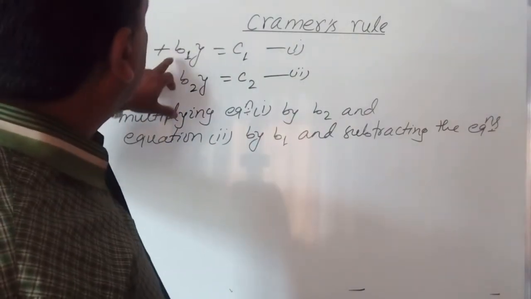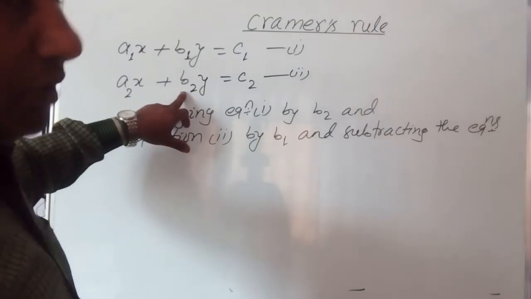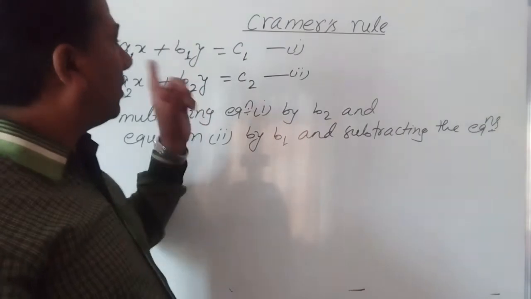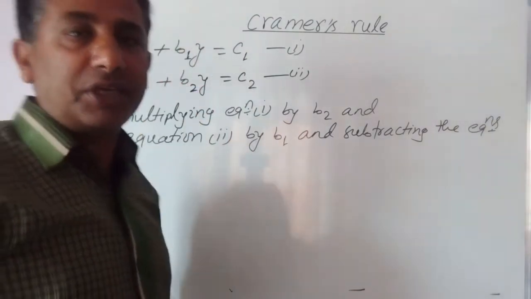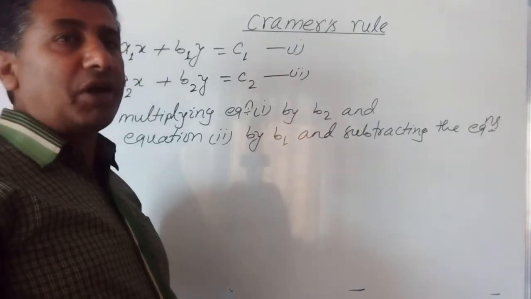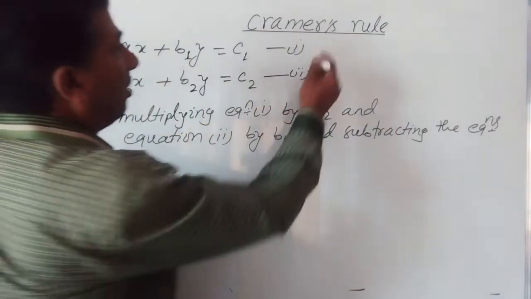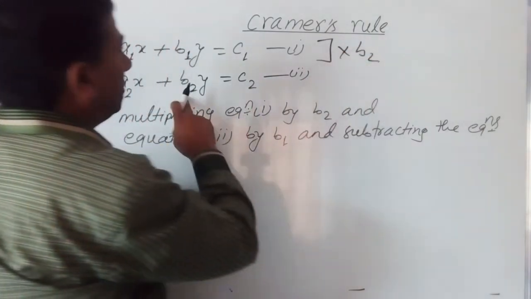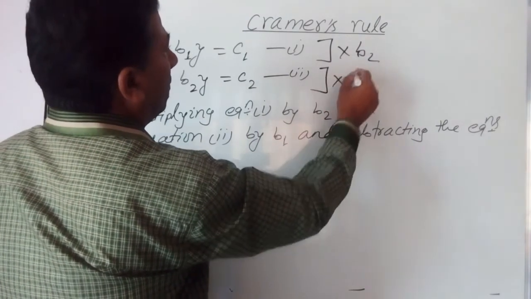Here the coefficient of y is b1 and here the coefficient of y is b2. Now their coefficients are not the same. First we have to make their coefficients the same. To make it the same, I'll multiply equation 1 by b2 and equation 2 by b1.